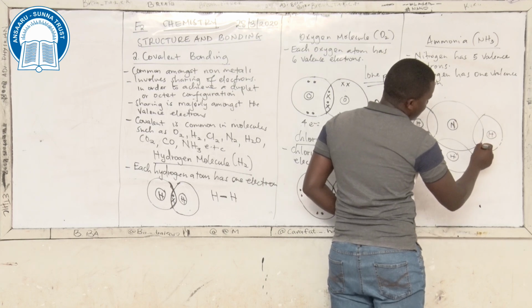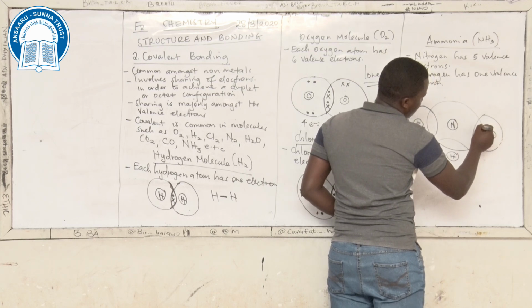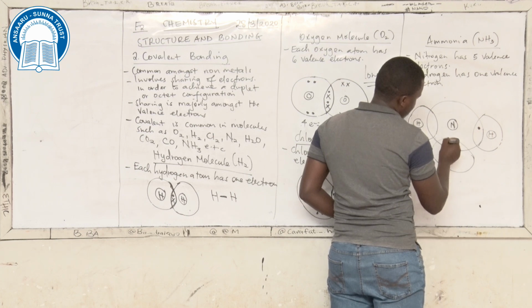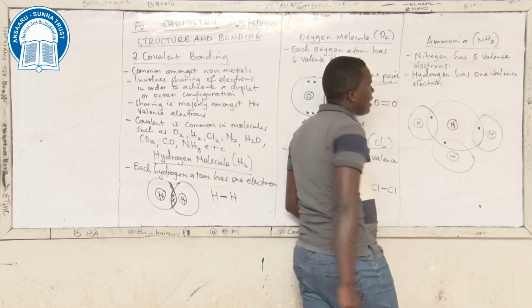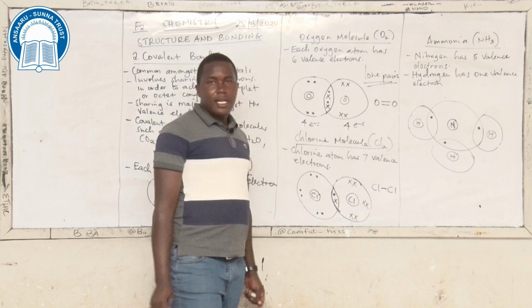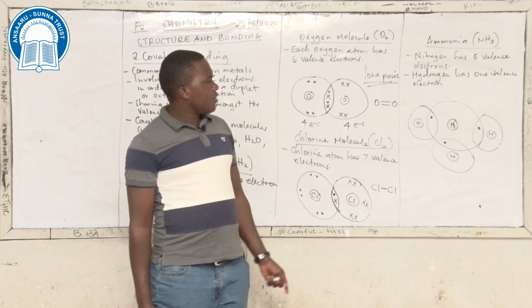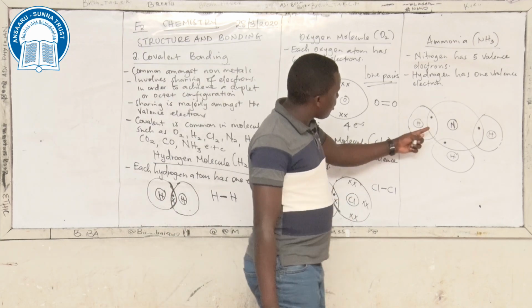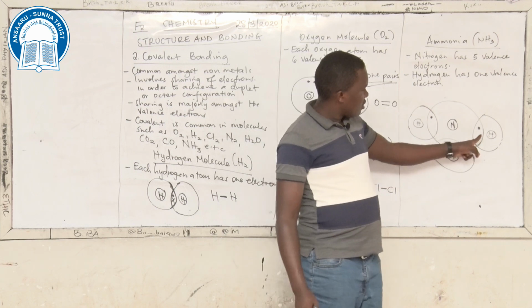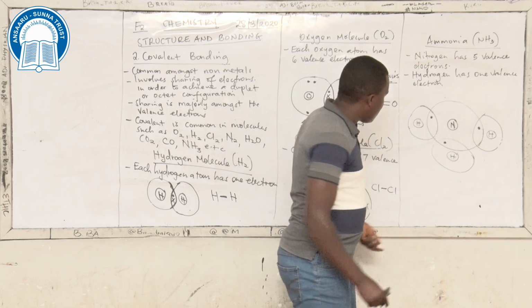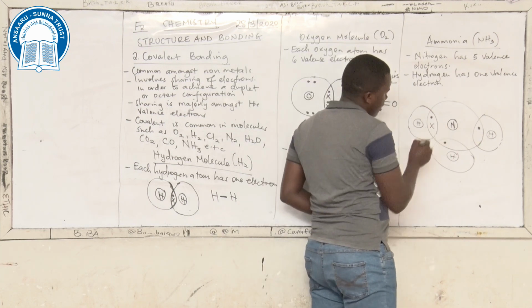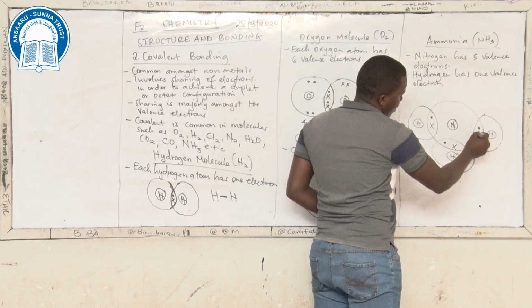So we know that each hydrogen has one. So the dotted ones are the hydrogen electrons. Then nitrogen has 5. So nitrogen will bring one electron each. So there will be one covalent bond here, another one here, another one here.